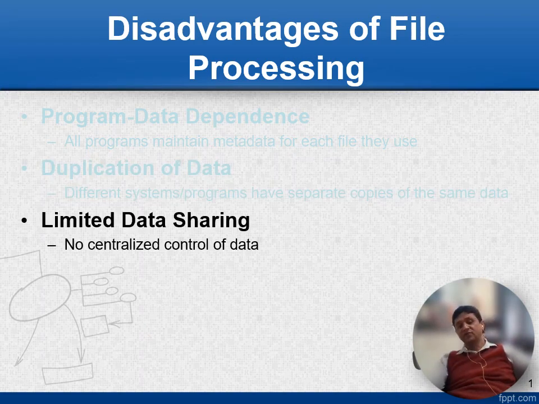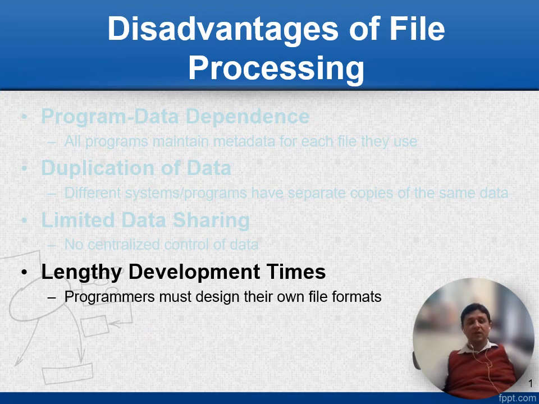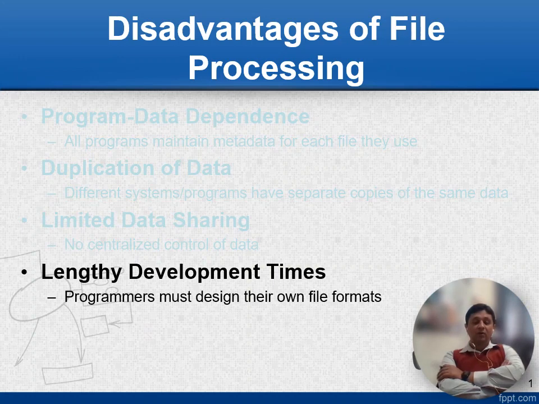Another disadvantage was limited data sharing. Limited data sharing means that with the help of computer networks, we were able to share the data as files, but there was no systematic mechanism of utilizing that data by the applications. And definitely the development times were lengthy, because the programmers had to keep track of how to physically write the data on the physical storage.